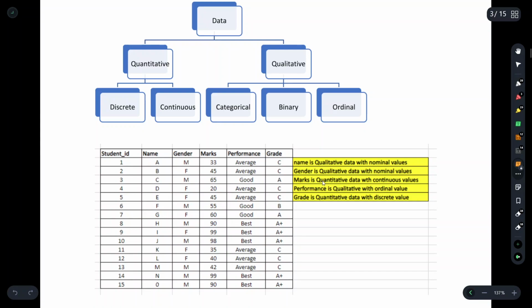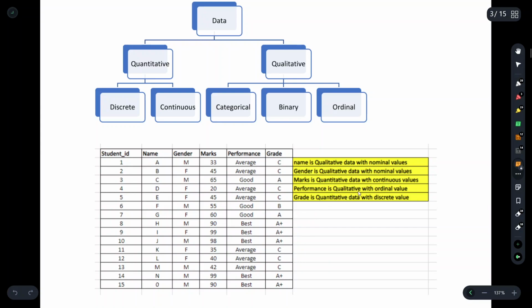So marks is quantitative data with continuous values. Quantitative in the sense we represent it with the help of math numbers, so that is quantitative data with continuous values. There will be some upper bound and lower bound, and in between them there should be some fixed marks for every individual.